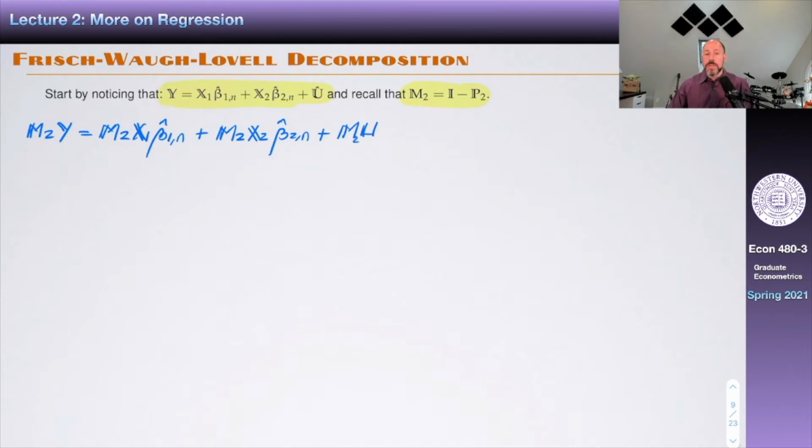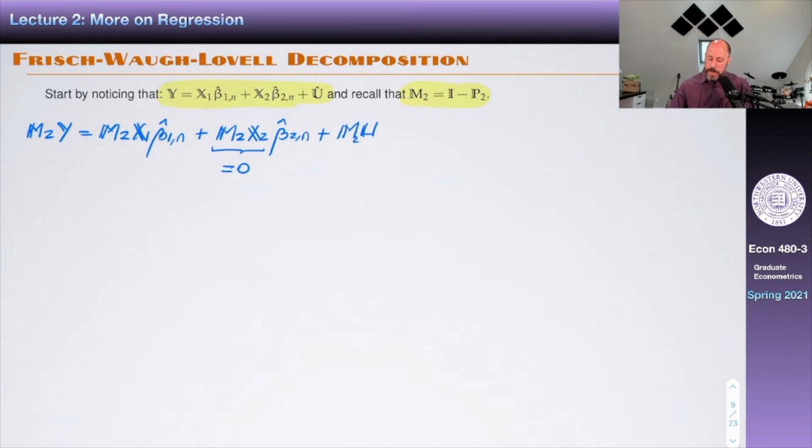Here we're going to use two results. The first one is that M2 times X2 is 0. Because this is essentially taking X2 on a regression on X2 and computing the residuals. So it's just a perfect fit. You're regressing the variable on the same variable, and that's 0 by construction.